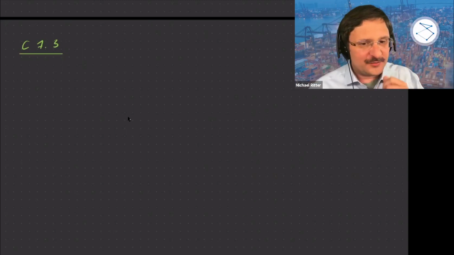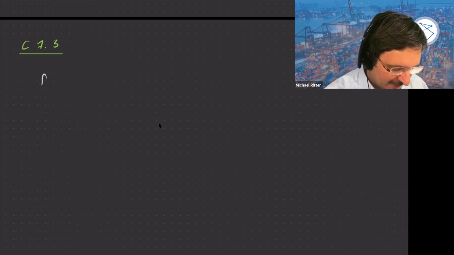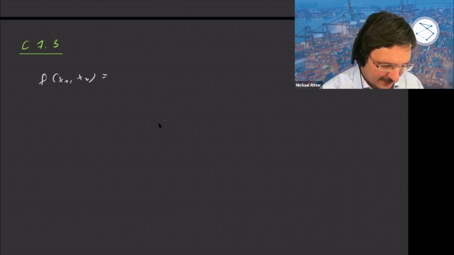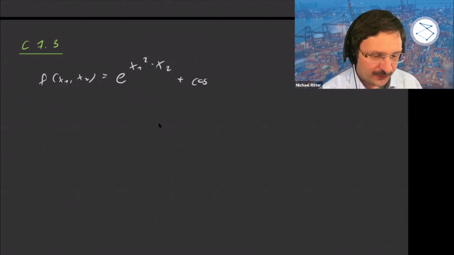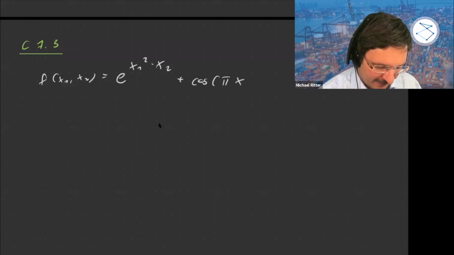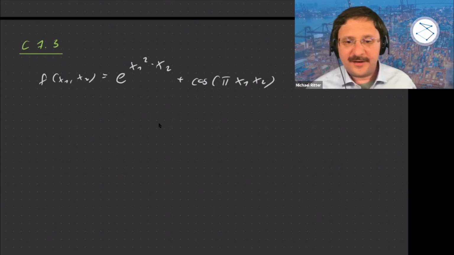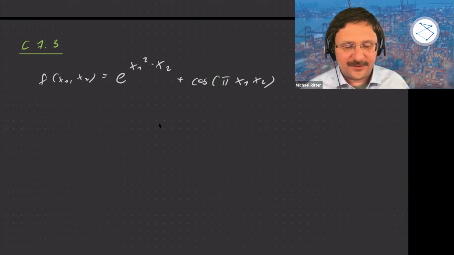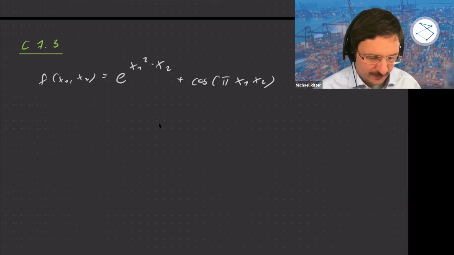Okay, 7.3, this one discusses Taylor polynomials. So here we have a function f of x1, x2 equals e to the power x1 squared times x2 plus cosine of pi x1, x2. And the task is to determine a tangential plane to the graph at the point 1, -1 in a specific form.